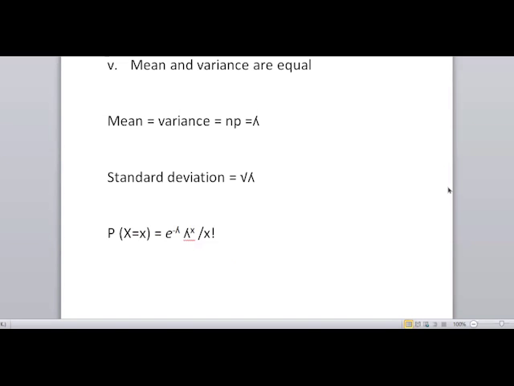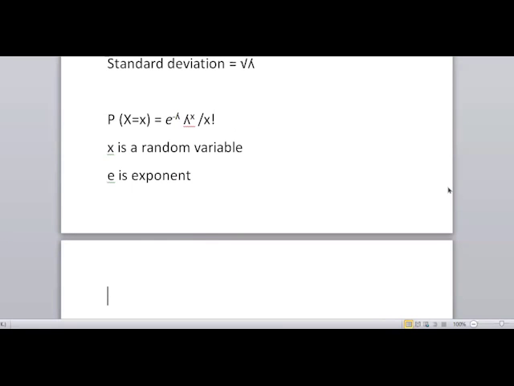Okay. So where x is a random variable, E is exponent, what is lambda? Lambda is the mean. Lambda is the mean.